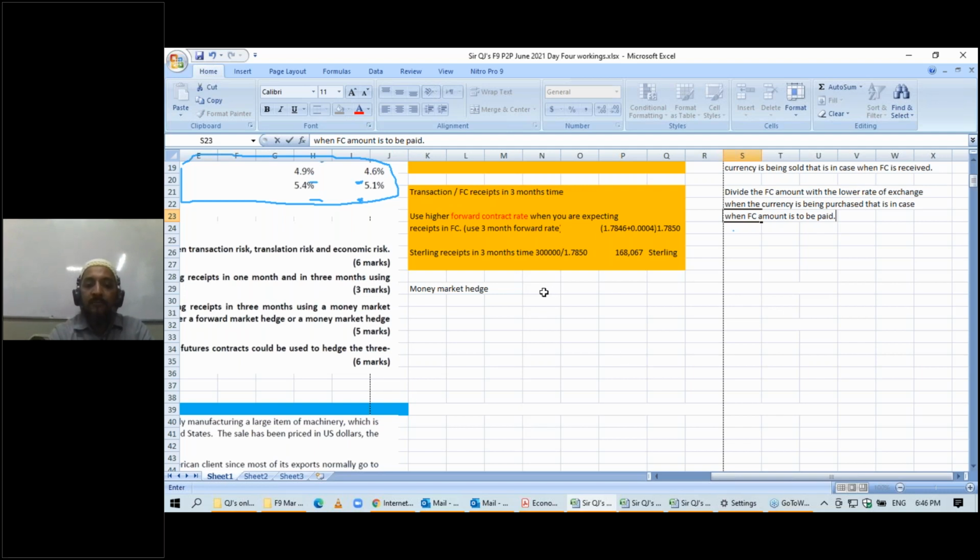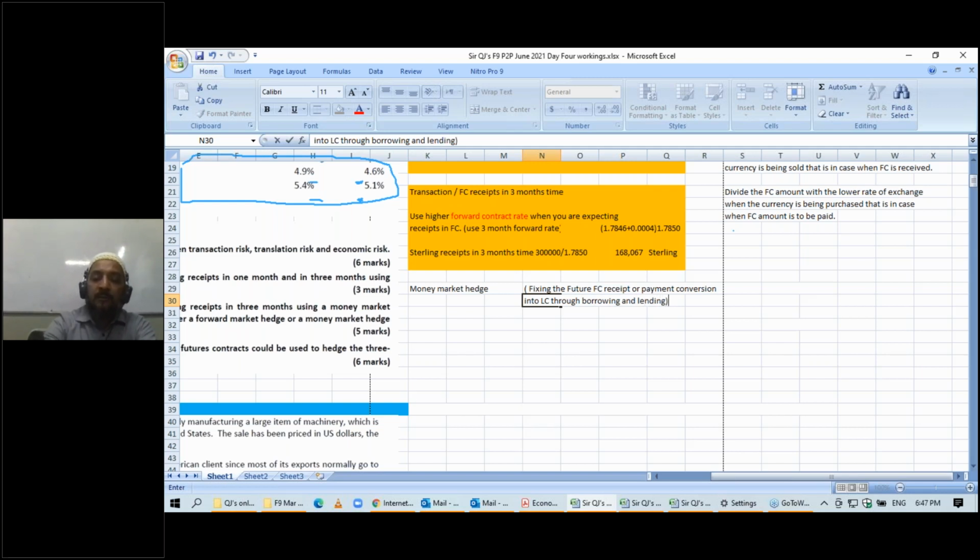Money market hedge means fixing the future foreign currency receipt or payment conversion into local currency through borrowing and lending or investing.